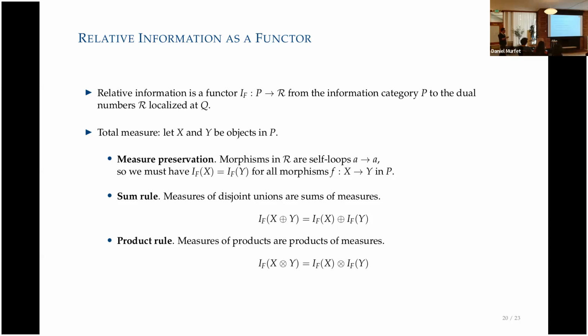That's exactly what I said I had defined it to be at the beginning, measure preserving maps. Second, we have a sum rule, which is that the measures of disjoint unions are sums of measures. And thirdly, product rule, measures of products of finite sets is the same as the product of the measures of the finite sets.